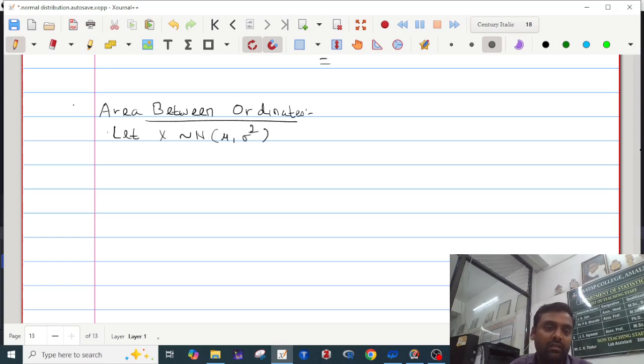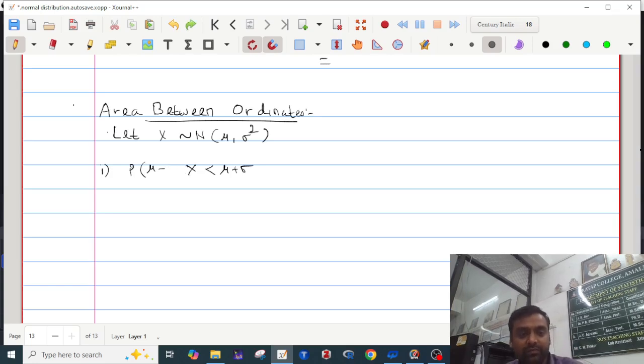Area between ordinates means we have to find out how much probability is there between plus minus 1 sigma or between plus minus 2 sigma. That is, probability that x lies between mu minus 1 sigma and mu plus 1 sigma, like this. In this way we have to find out.